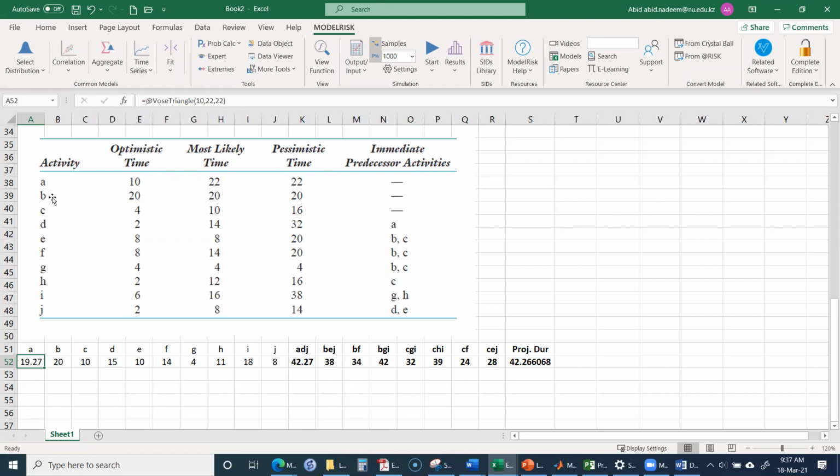For activity B, there is no need to put it because it is not going to change, so you will not put any formula for B. For C, it is 4, 10, 16, so you will repeat it.